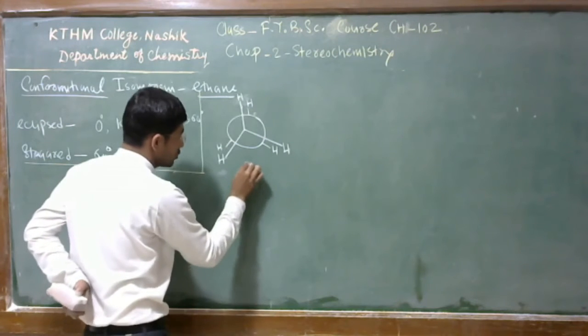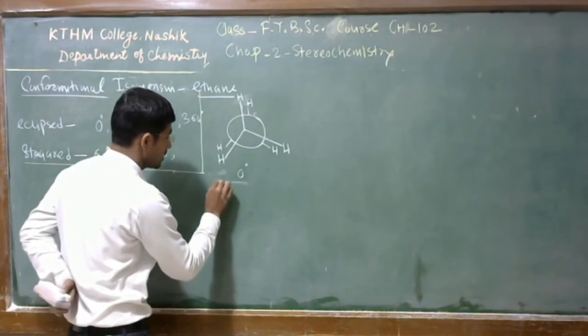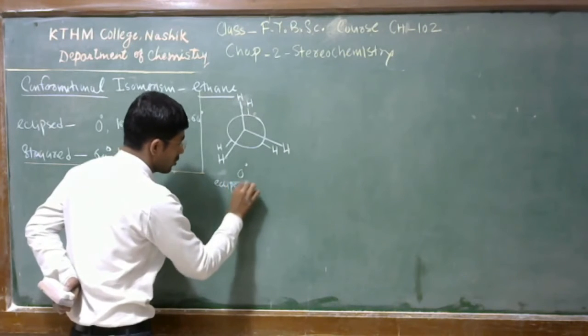So this is the angle 0 dihedral angle and this is the eclipse conformation.